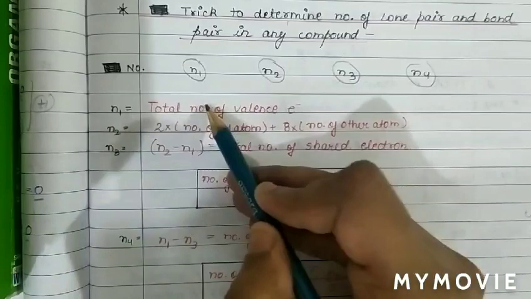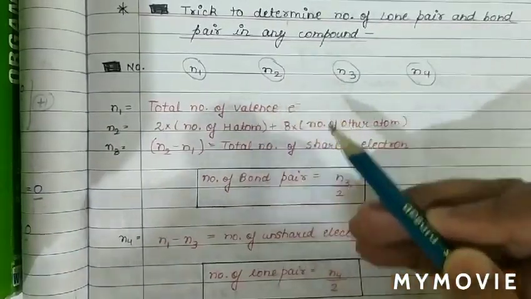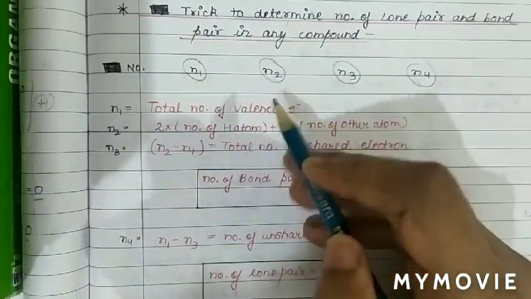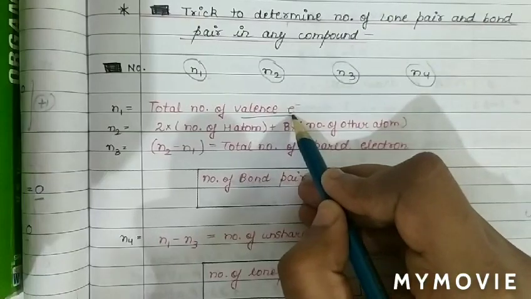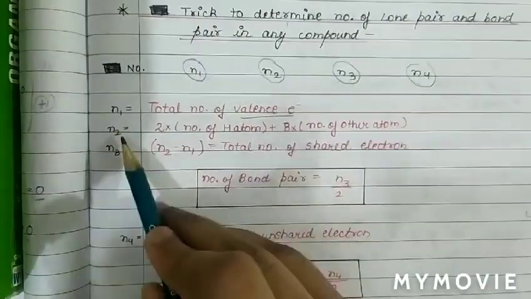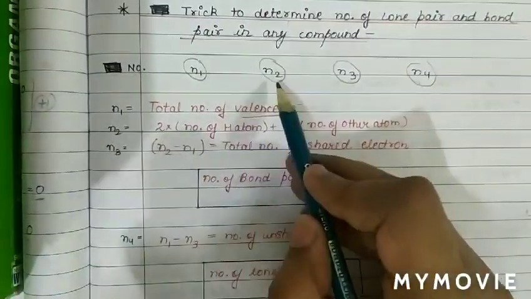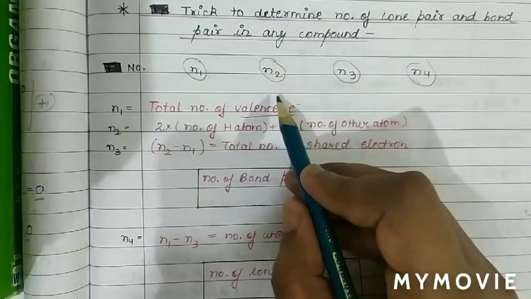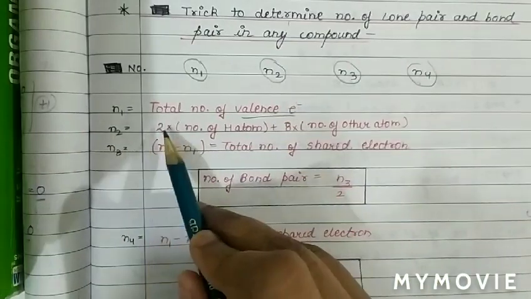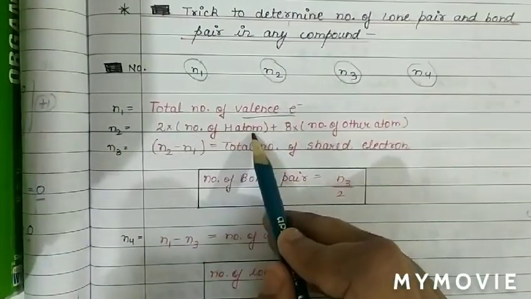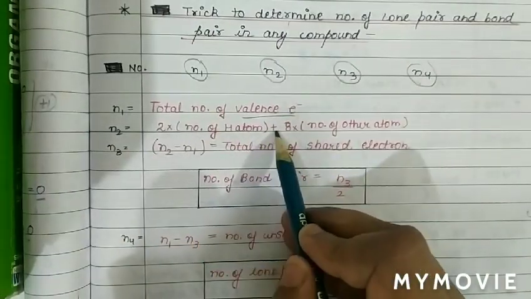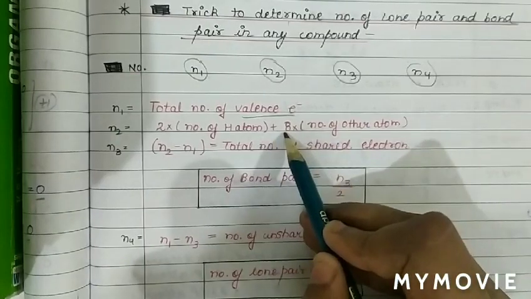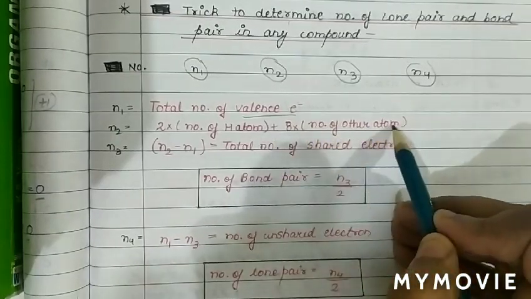N1 is the total number of valence electrons, so for N1 we calculate the total number of valence electrons. What is N2? If a molecule contains hydrogen atoms, then N2 will be 2 times the number of hydrogen atoms plus 8 times the number of other atoms.